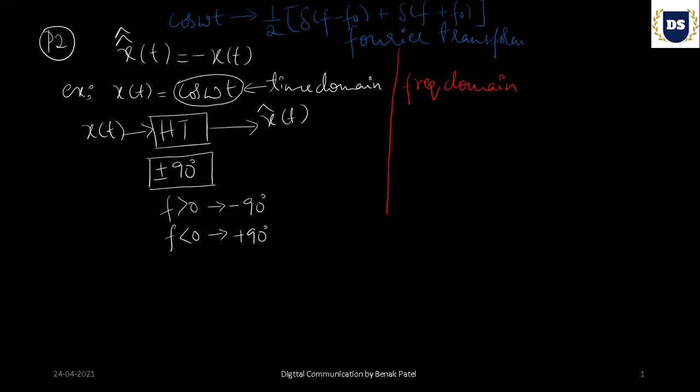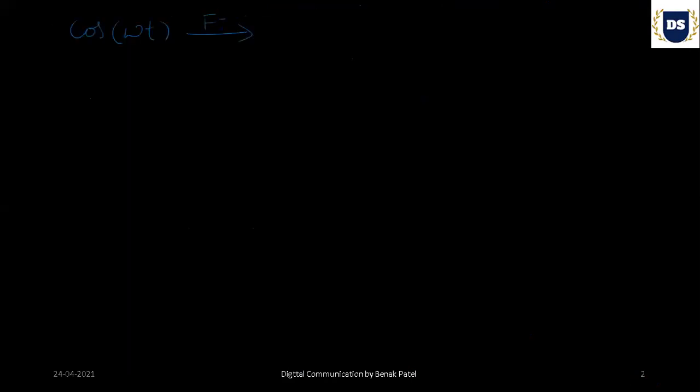And how exactly does this look? So cos omega t, if I make it go through Fourier transform, is equal to 1 by 2 delta function f minus f naught plus f plus f naught.